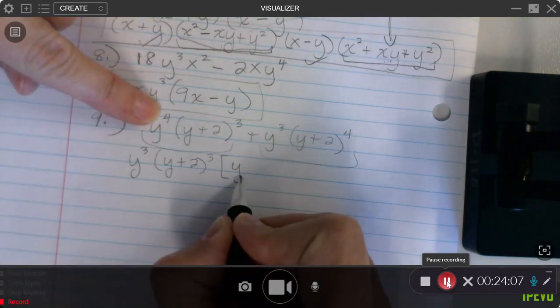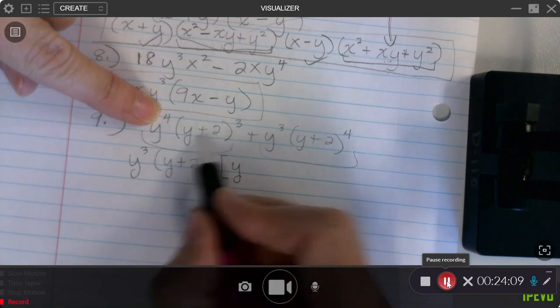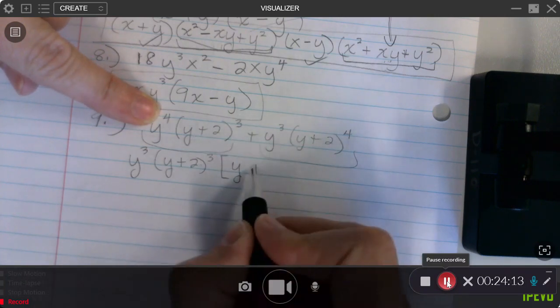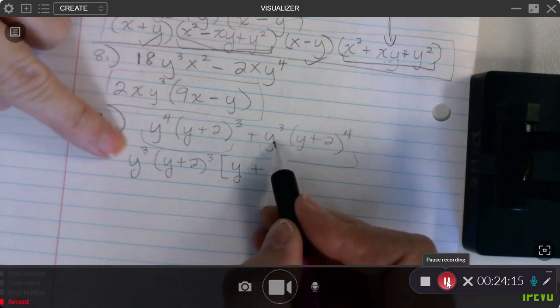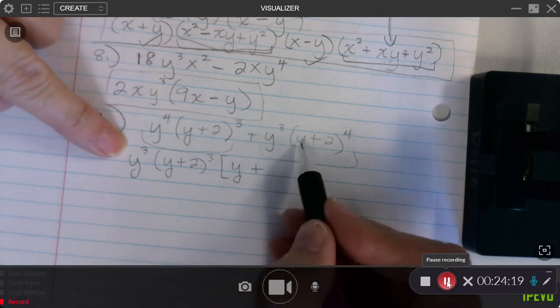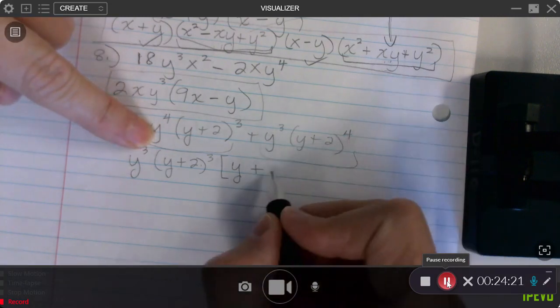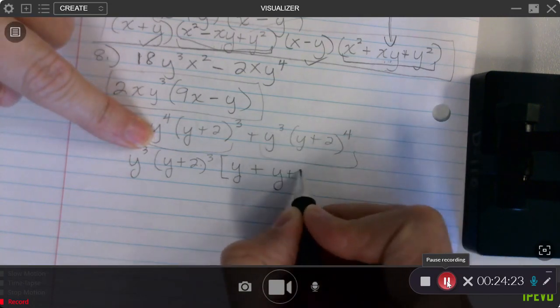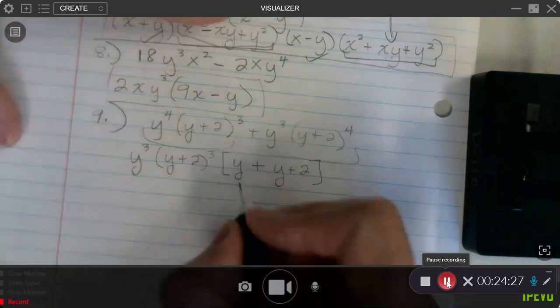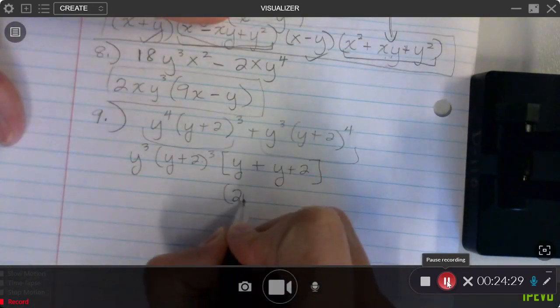Just a y. Plus, here, factored out the y cubed, so 1 there. And we need a y plus 2 to the first, right? And then the only thing would be 2y plus 2.